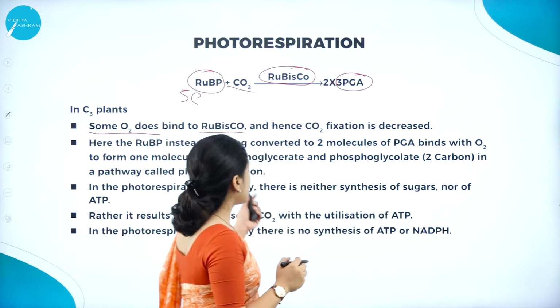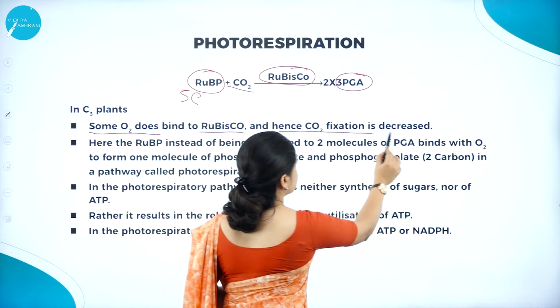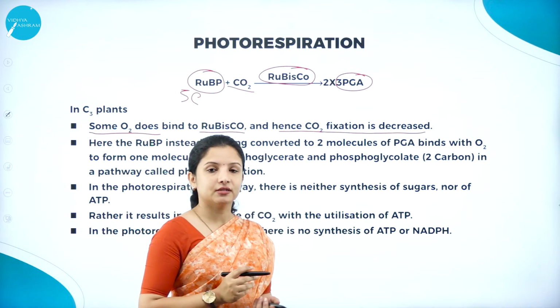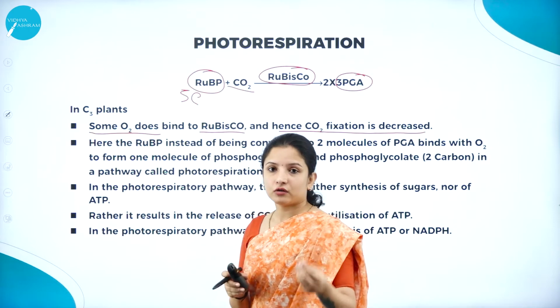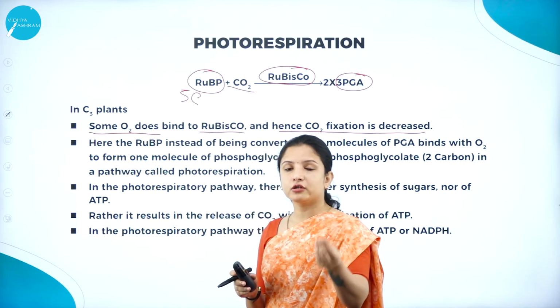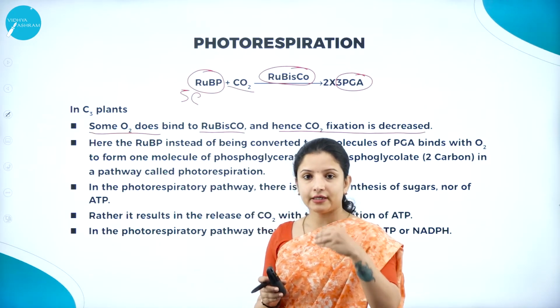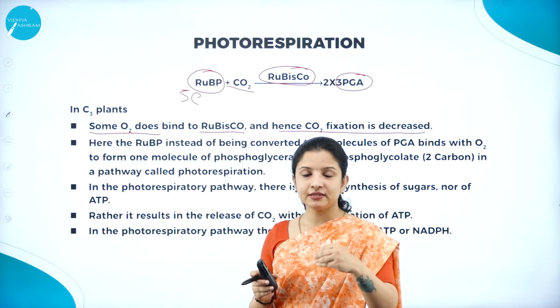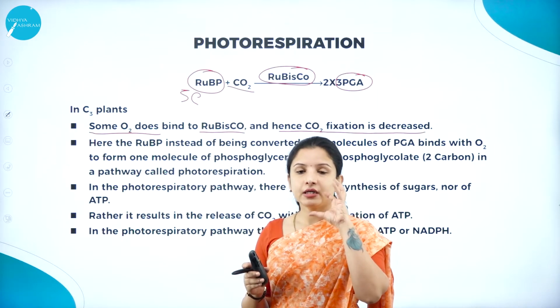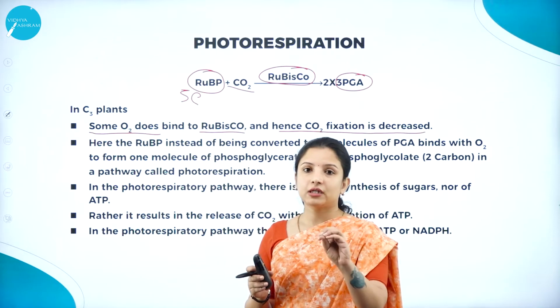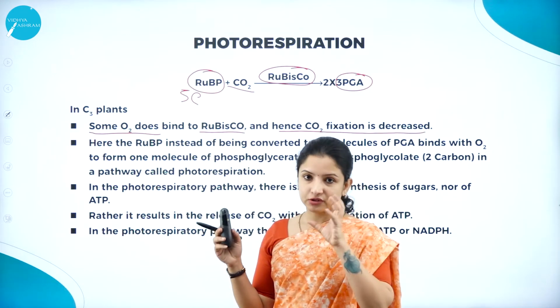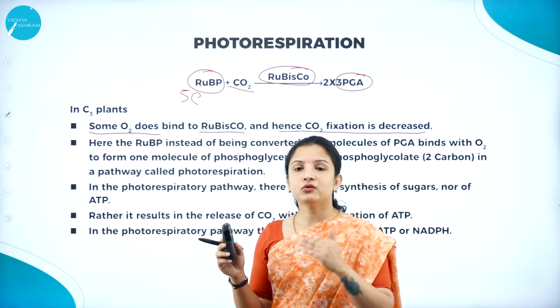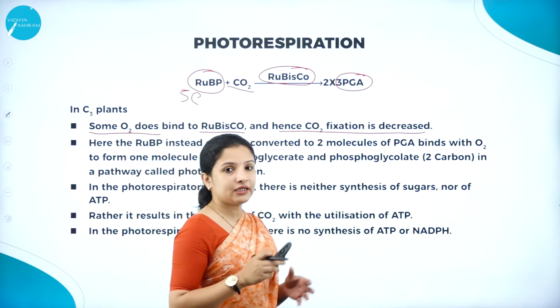So therefore what happens? Carbon dioxide fixation will get decreased, because along with carbon dioxide, some molecules of oxygen also enter into the plant cells and go and fix with the Rubisco enzyme, therefore reducing the carbon dioxide fixation.